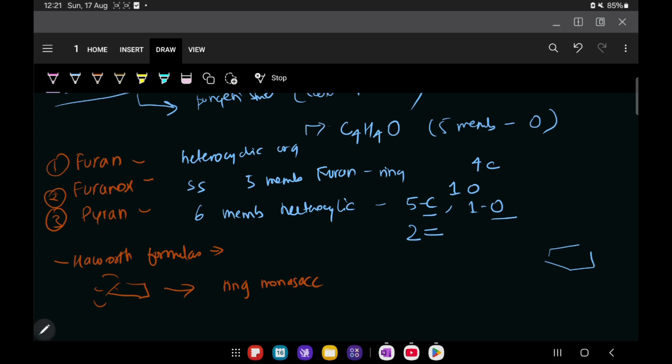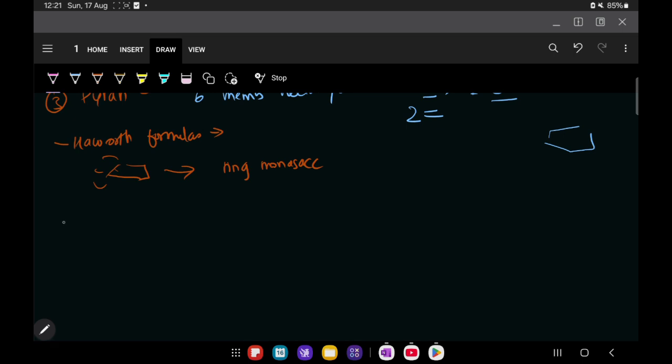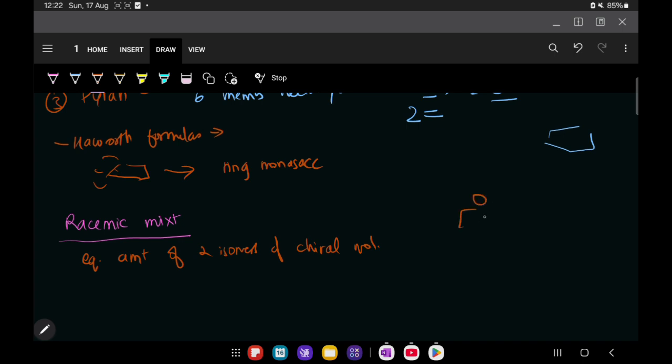Let's do the last two terms, which is racemic mixture. So what is a racemic mixture? A mixture that has equal amounts of two isomers of a chiral molecule. Simple, right? A chiral molecule has different conformations that do not superimpose on each other.